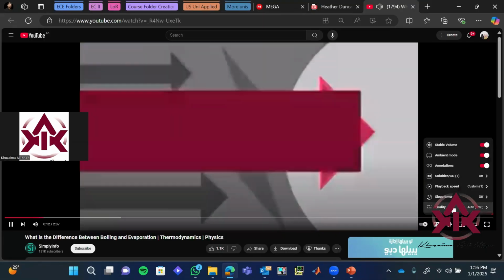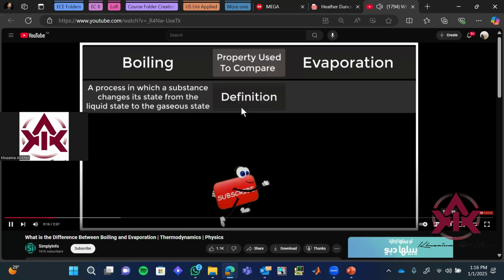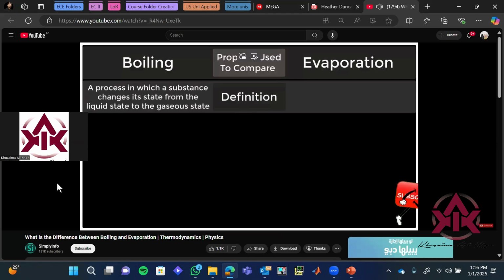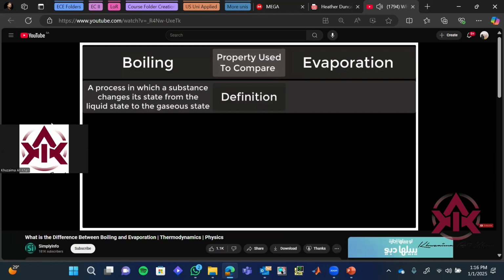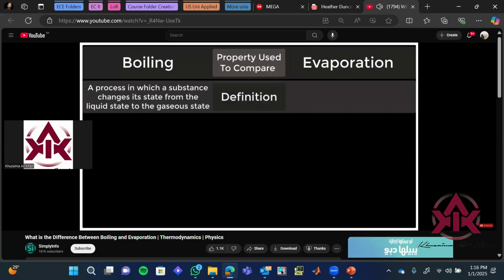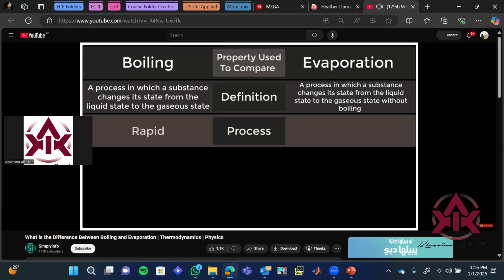Difference. Definition. Boiling: a process in which a substance changes its state from the liquid state to the gaseous state. Evaporation: a process in which a substance changes its state from the liquid state to the gaseous state without boiling. Process: in boiling, rapid; in evaporation, slow.